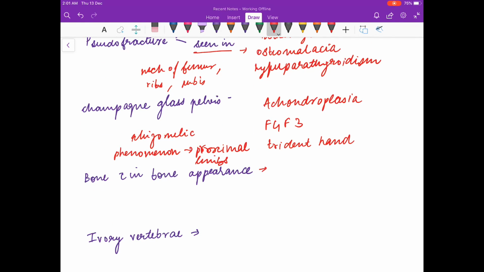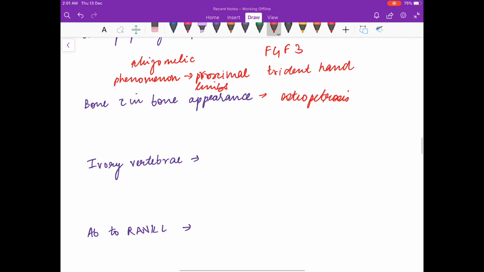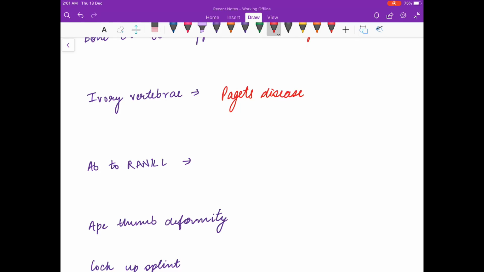Bone within bone appearance is seen in osteopetrosis. Ivory vertebrae are seen in Paget's disease. Antibodies to RANKL drug is denosumab.